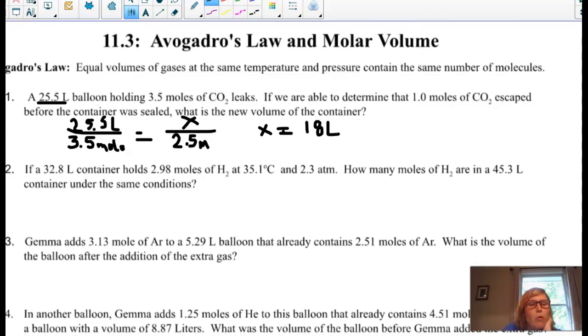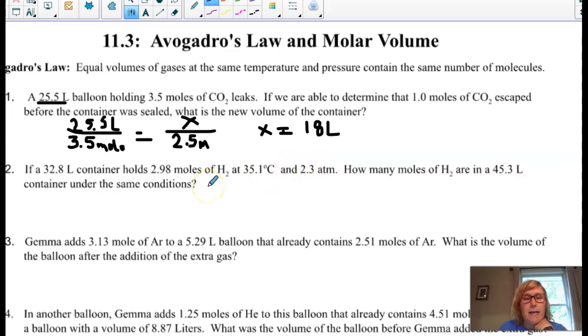Let's do one more example. I'm going to set it up the same way, but flip it and put moles on top. It doesn't matter which one you put on top as long as you set them equal to the same thing on both sides. If you have a 32.8 liter container that holds 2.98 moles of H2 at 35.1 degrees Celsius and 2.3 atm, how many moles of H2 are in a 45.3 liter container under the same conditions?